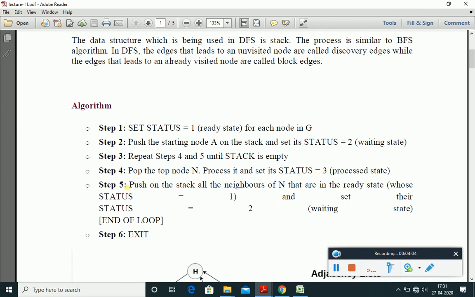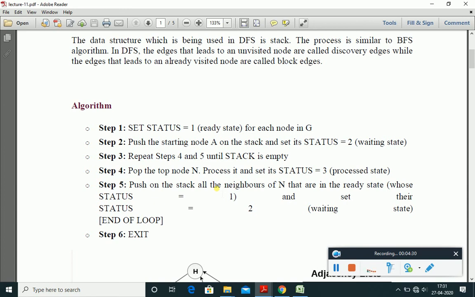In step 5 we push all the adjacent nodes of the node we have just taken out. We push all those neighboring vertices into the stack, but make sure their status is 1. What does it mean? If a particular vertex is already in the stack, you cannot re-push that vertex.